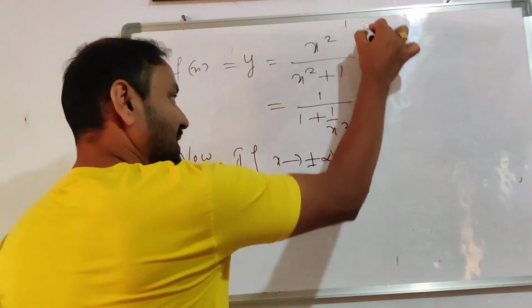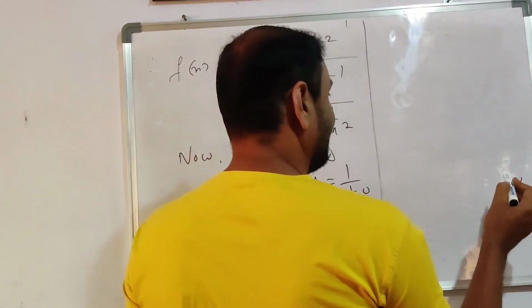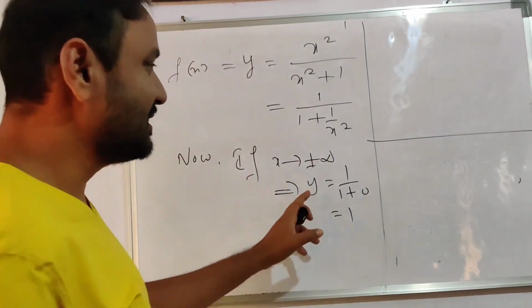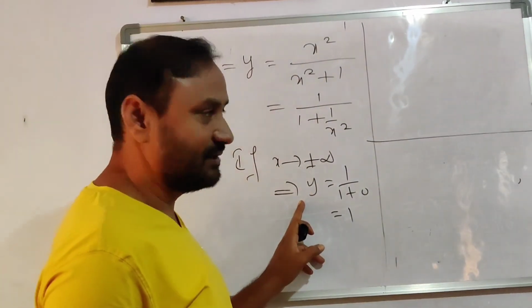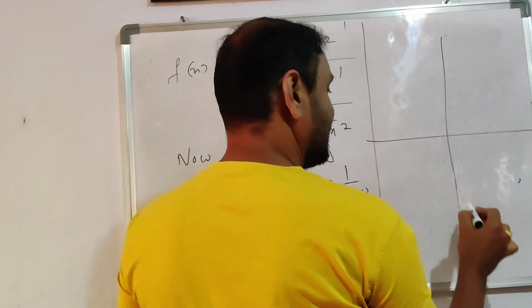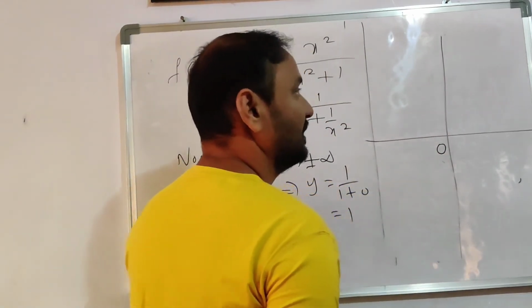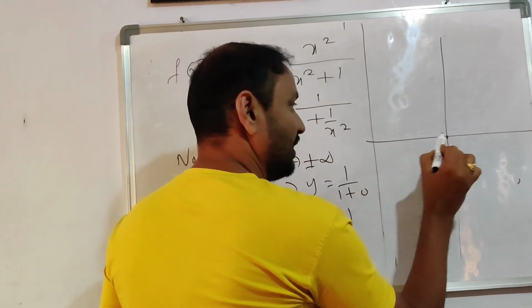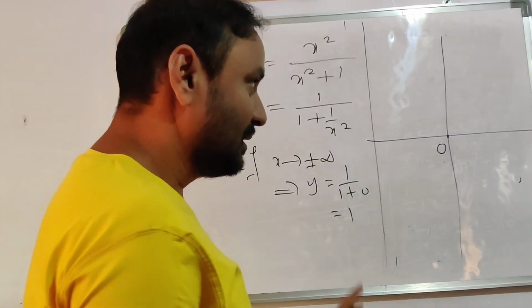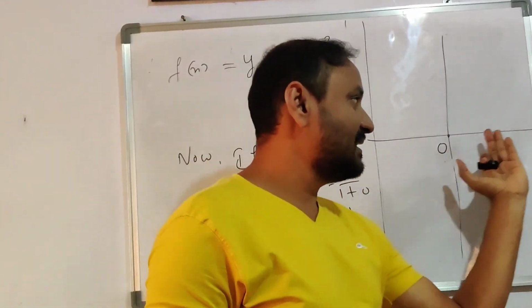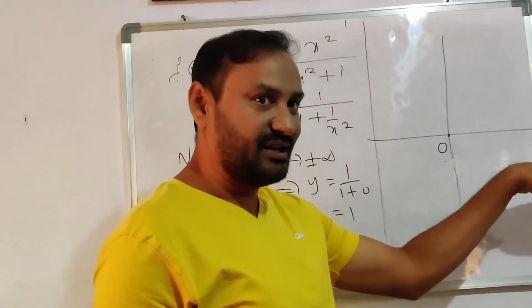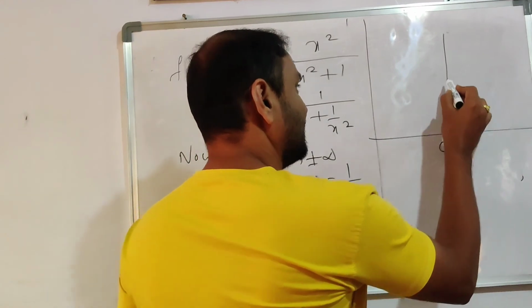That's why you draw the graph of the given function. So this is the x-axis. So slope is 0 at (0, 0), the origin only. That's why I'm taking like this. This is the origin. So suppose I'm taking slope is 0 at the origin. But the graph is reaching 1 when x is reaching to plus infinity and minus infinity. So that's why I'm taking here, this is 1.